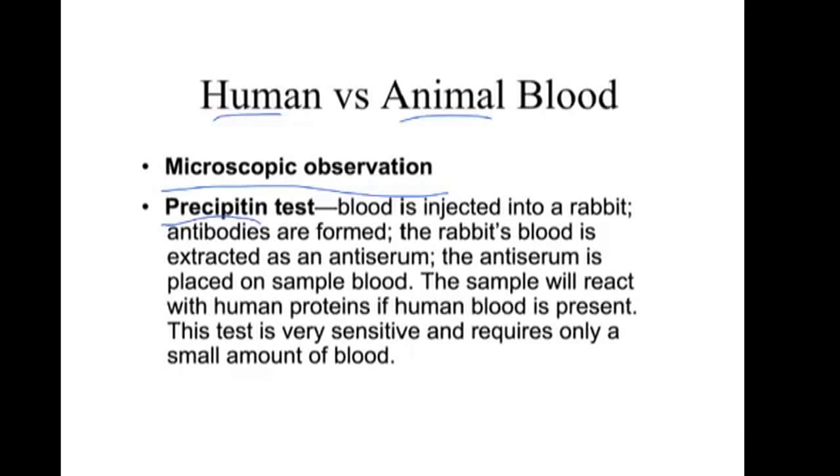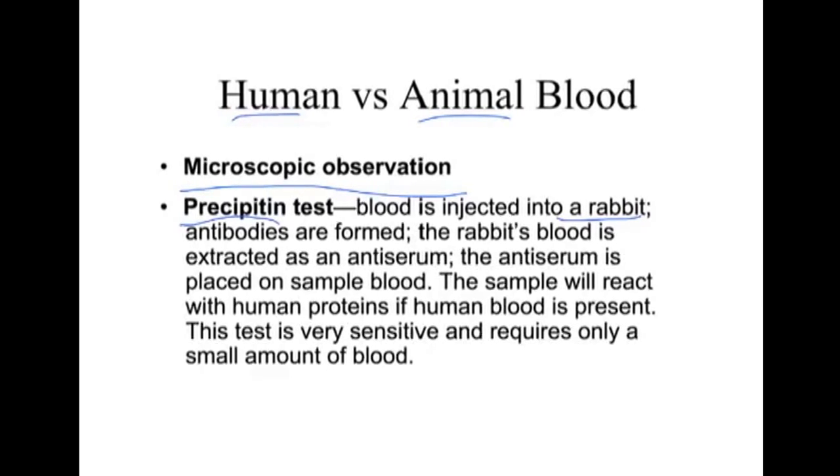If you're familiar with chemistry, you may remember creating something called a precipitate, which is when two liquids are combined and a solid is produced. So you would take blood and inject it into a rabbit. Obviously, we're not going to be doing this one in class. But it forms a precipitate, and if human blood is present, it'll precipitate out.